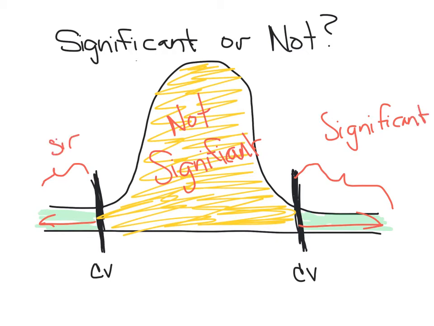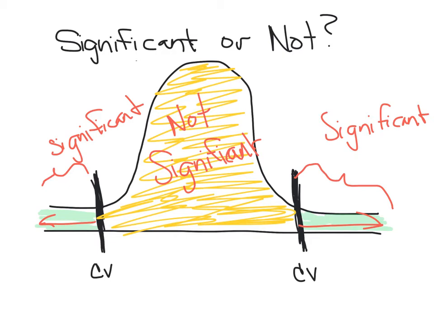Any test statistic, whether it's your F, your r obtained, or your chi-square obtained, you're comparing it to see: does it fall further out into the tail than your critical value?